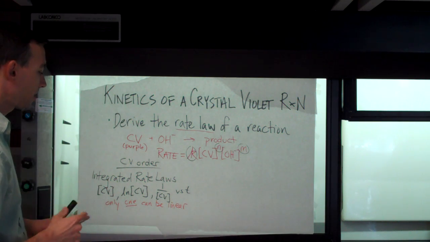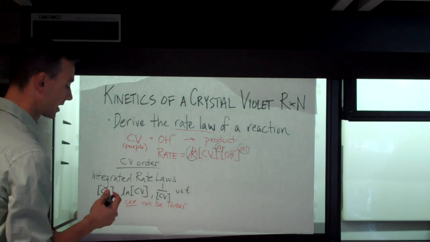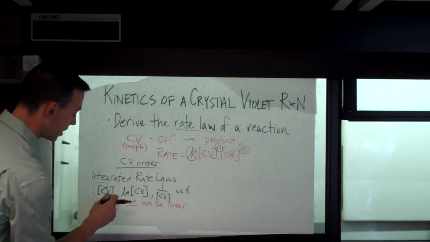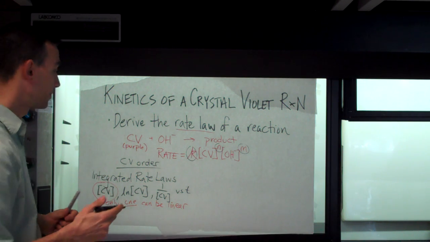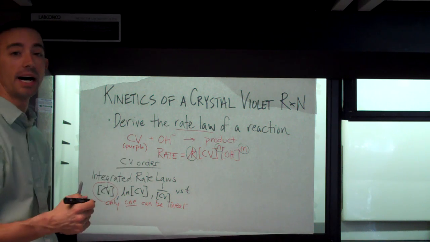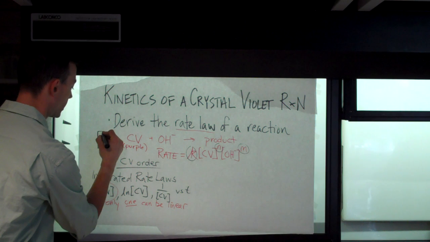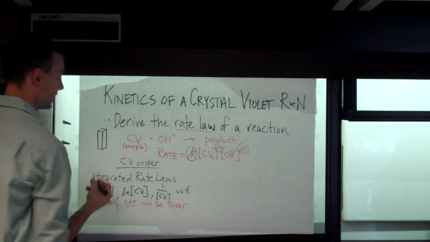So the experimental procedure today will be pretty simple. We're going to collect data for concentration. Although it's not actually the concentration, it's the absorbance of our purple dye. We're going to use a small cuvette. I'll show you one in a moment. So it looks like this.